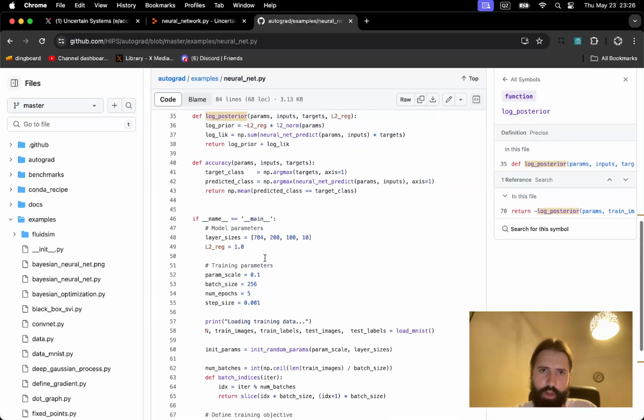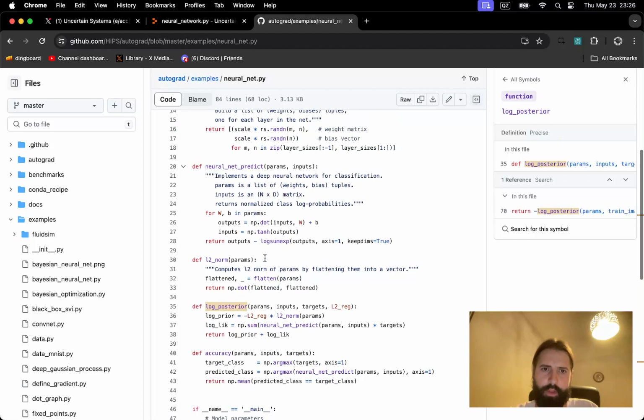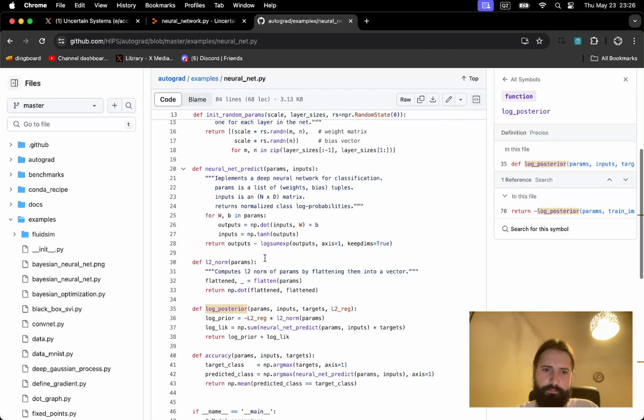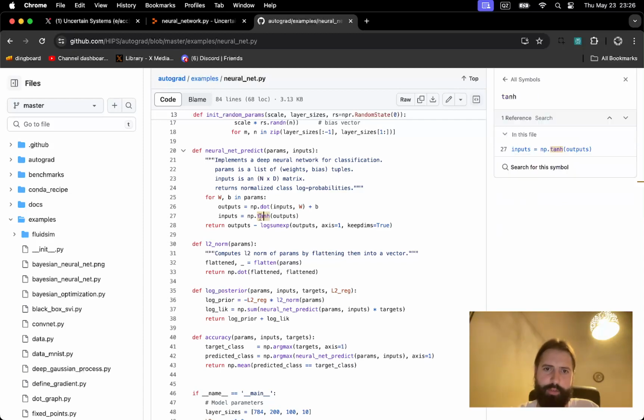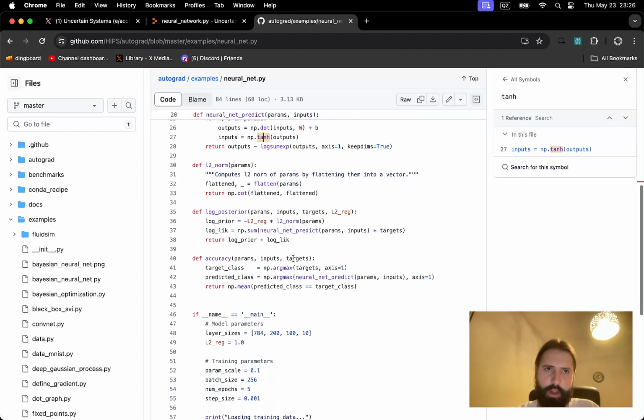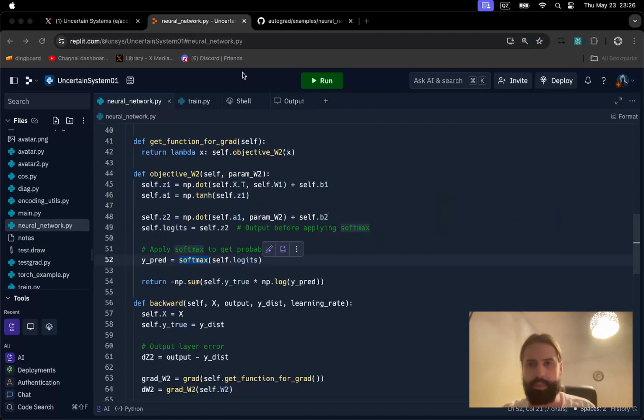It also contains the logic of the forward pass. Now note that this forward pass doesn't have a softmax, and actually what we did last time, when we checked without the softmax, it worked really well.